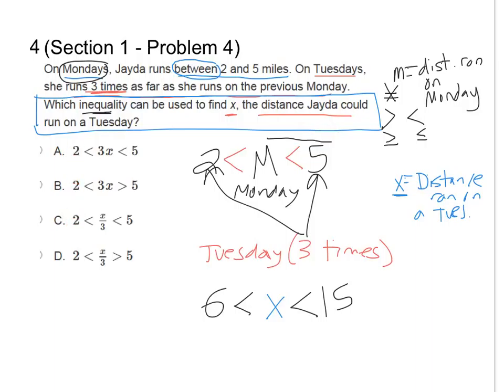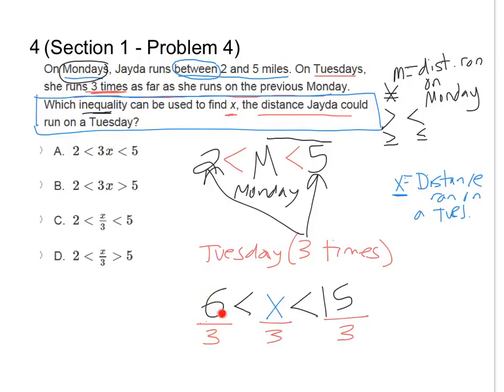So what can I do to this 6 so that it becomes a 2? Well, if I divide it by 3, 6 divided by 3 will give me 2. And I notice that when I divide 15 by that same number 3, 15 divided by 3 is going to give me 5. And if I divide one part by 3, I would have to divide all of them by 3. So I'm looking for that common number. It looks like when I divide them all by 3, this is going to work out.